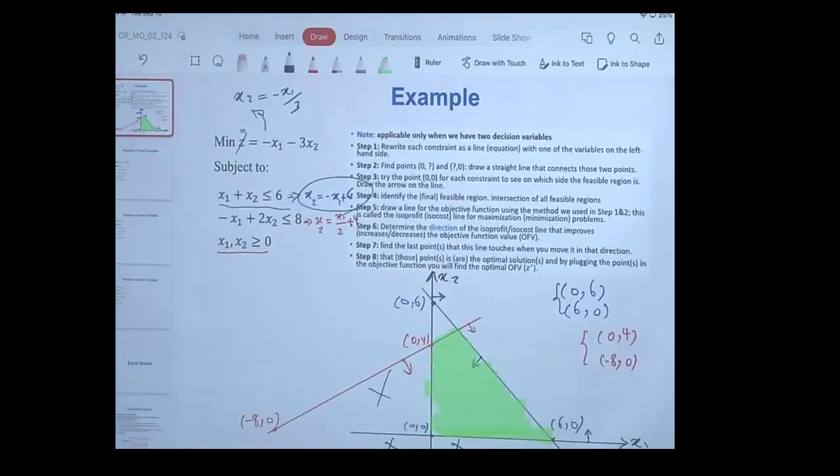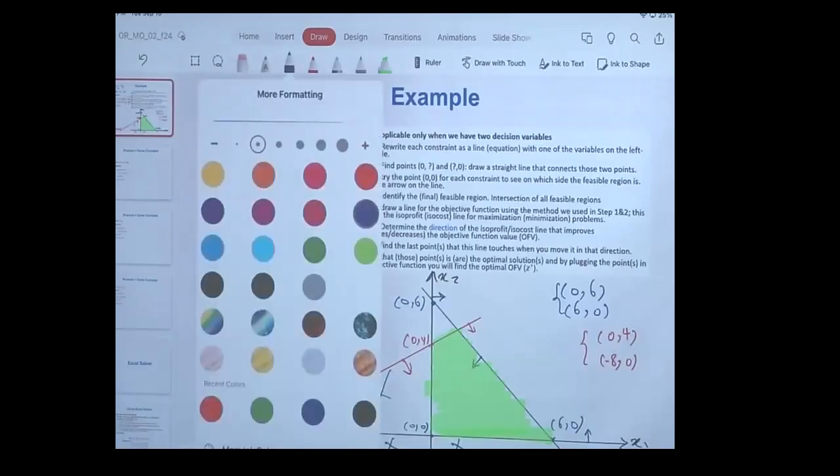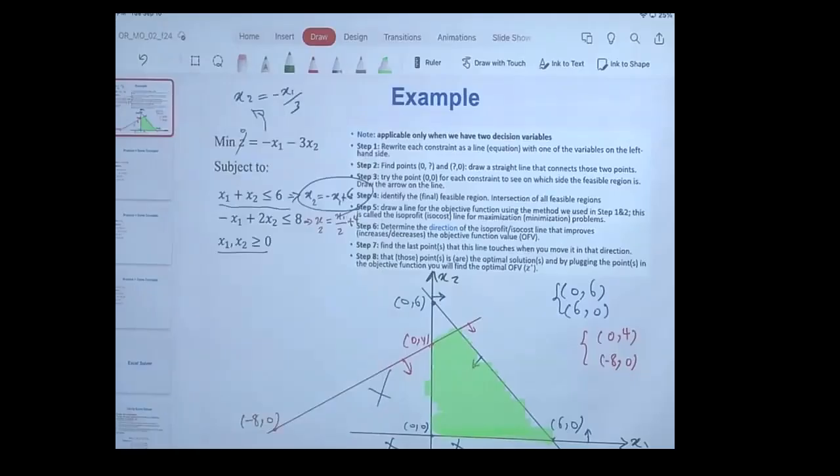And for that, you can't use (0, 0) because you will have only one point. (0, 0) is one point. Here, let me use a different color. That's one point. The next point, we can try (-3, 1).